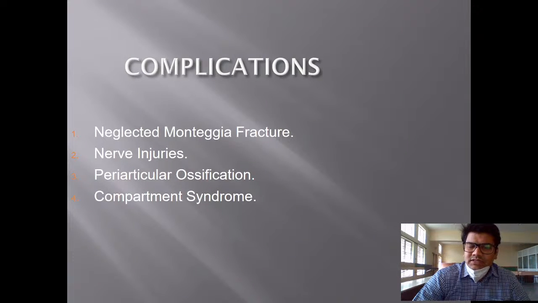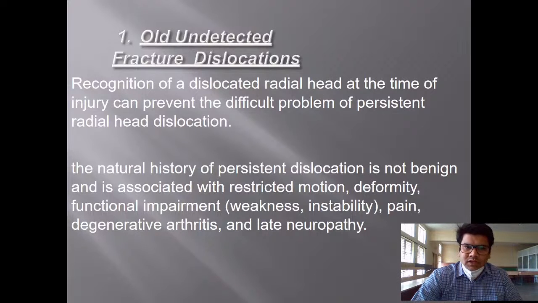Complications: neglected Monteggia, nerve injuries, periarticular ossification or myositis ossificans, and compartment syndrome. Old undetected fracture dislocations: reduction of the dislocated radial head at the time of injury can prevent the difficult problem of persistent radial head dislocation.